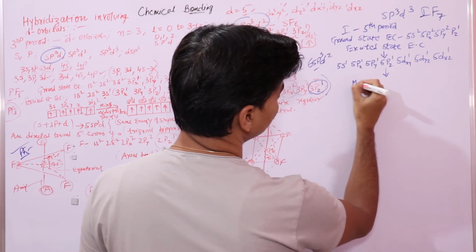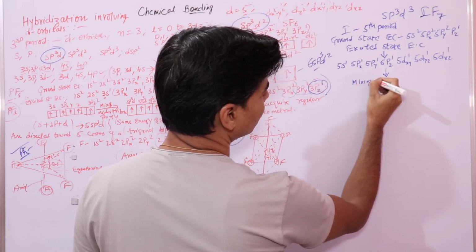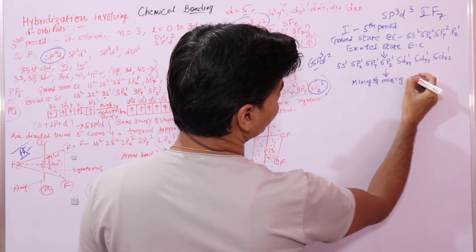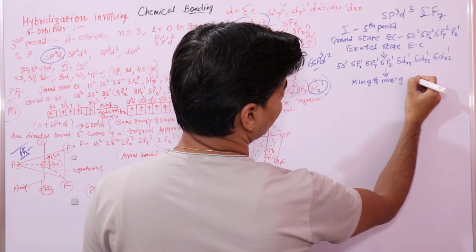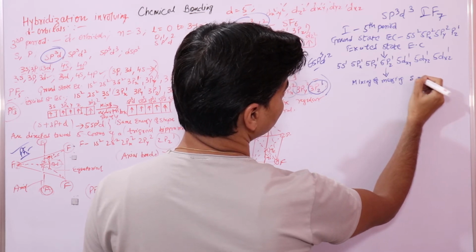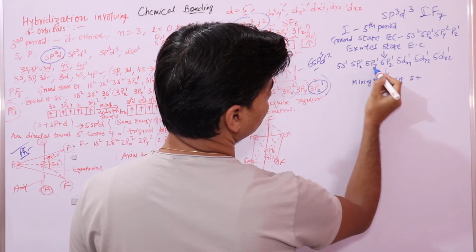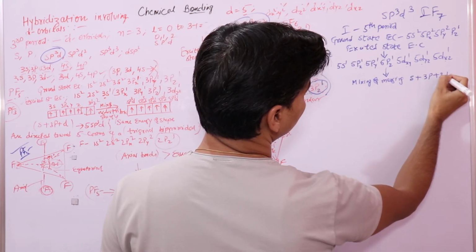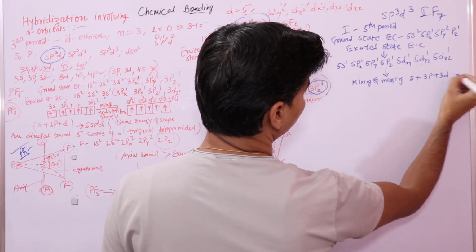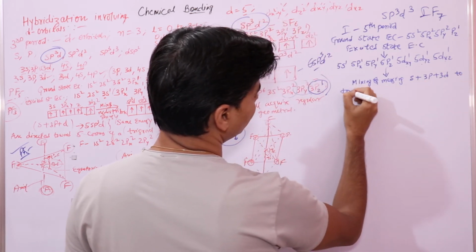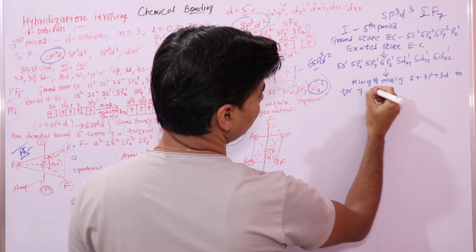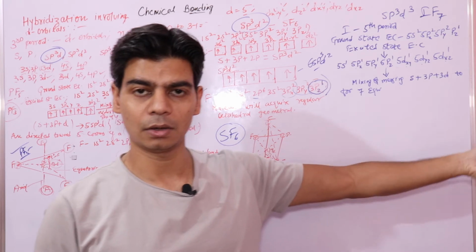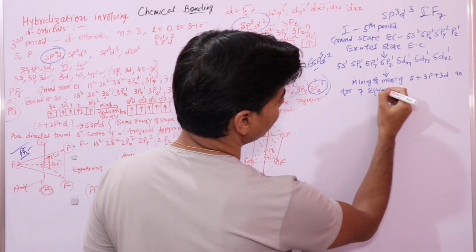Hybridization is the mixing and merging of one s, three p and three d orbitals to form 7 equivalent half filled sp3d3 orbitals.